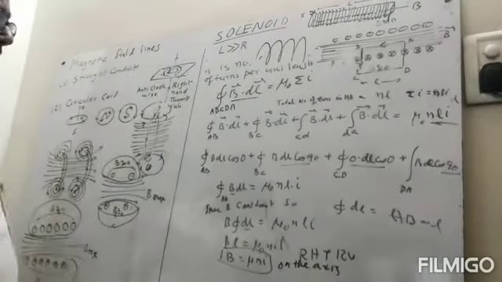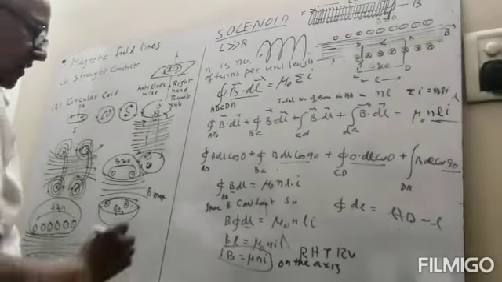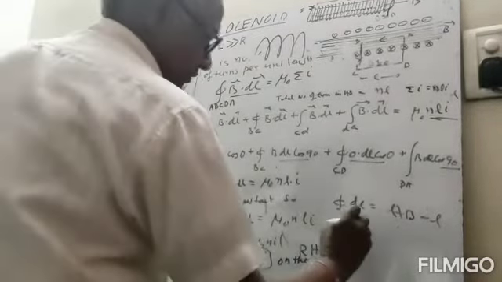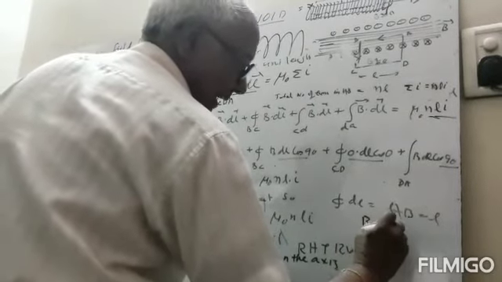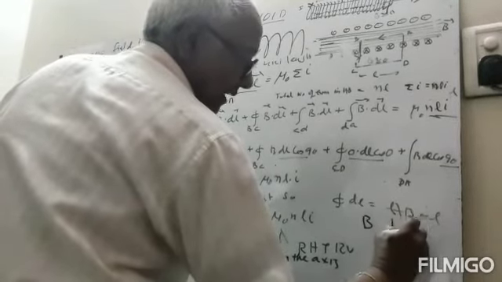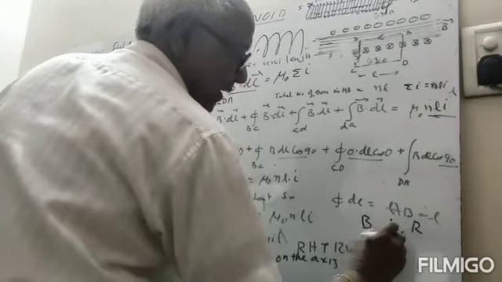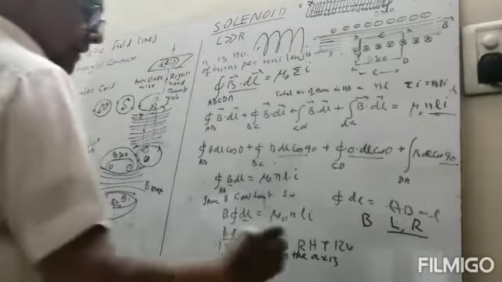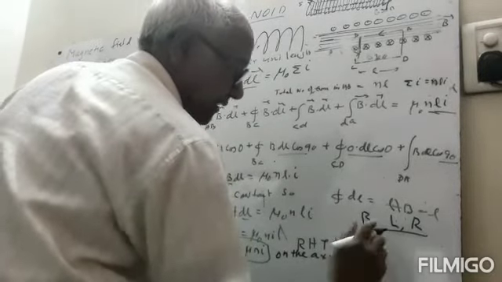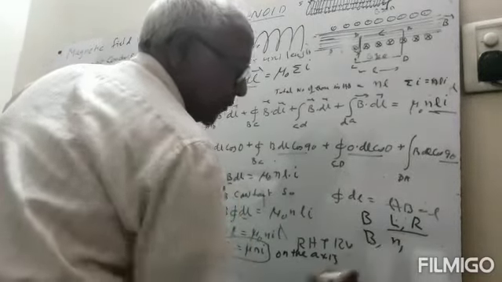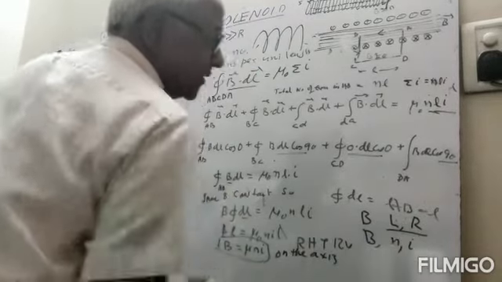Now the magnetic field B does not depend on the length and the radius. B depends on n, the number of turns per unit length, and the current passing through it.